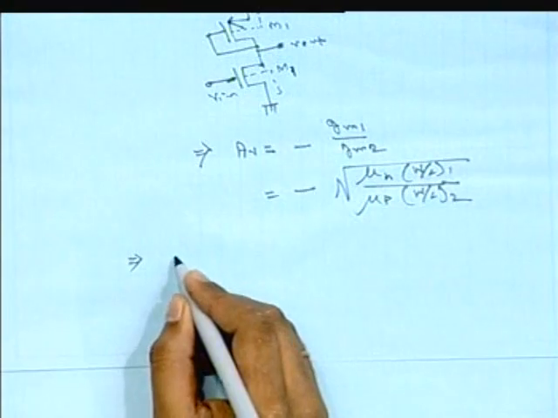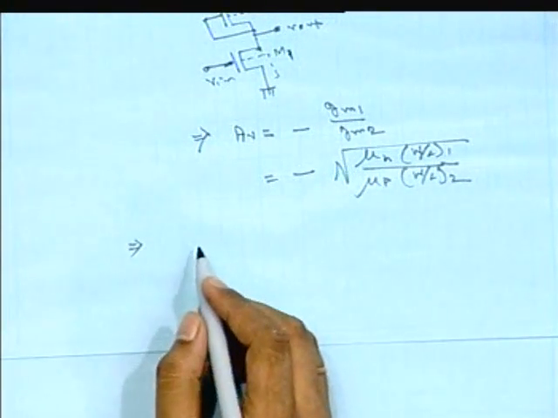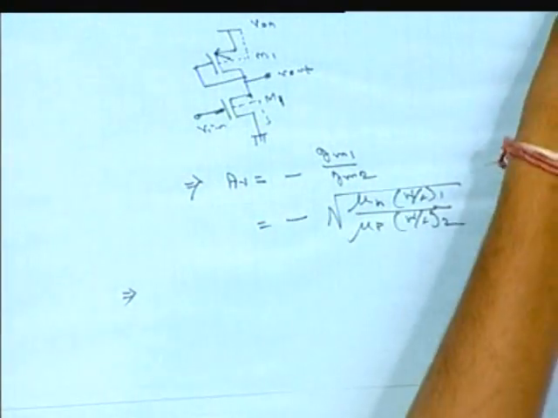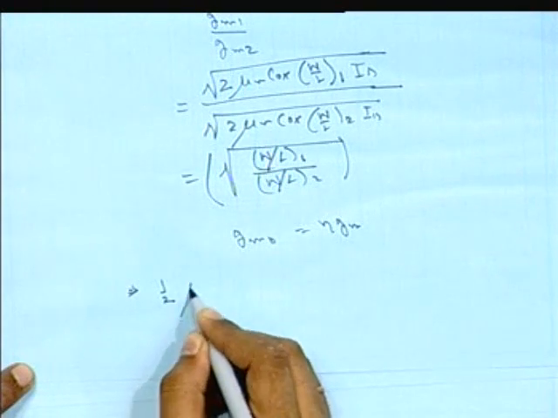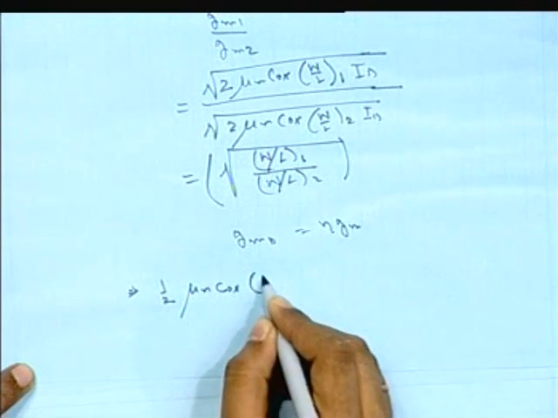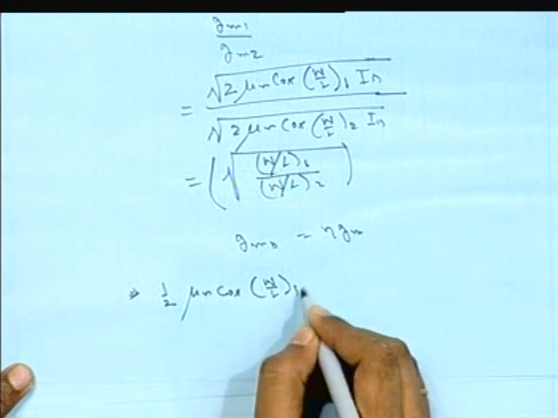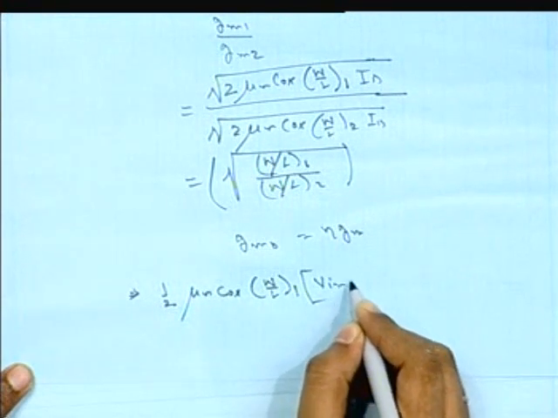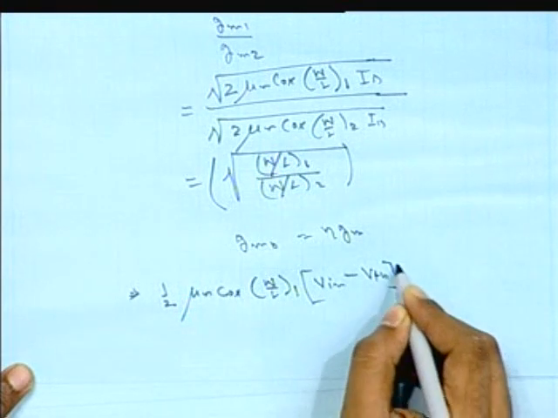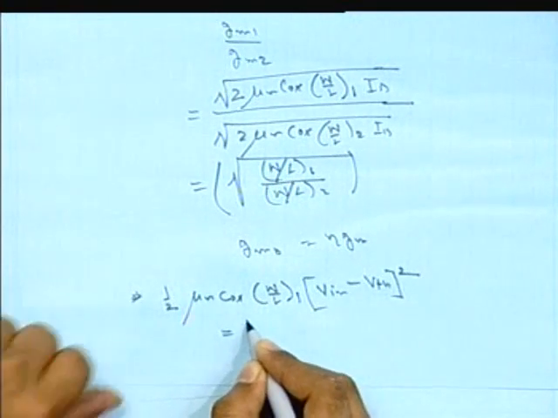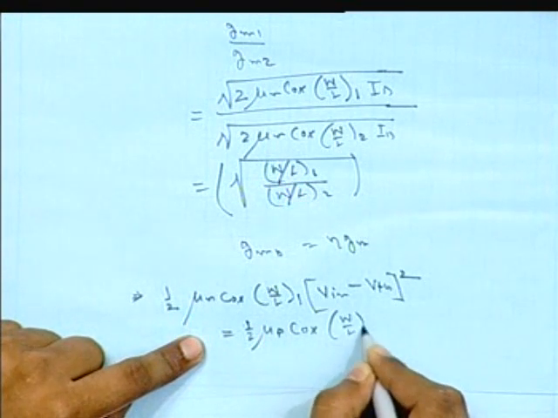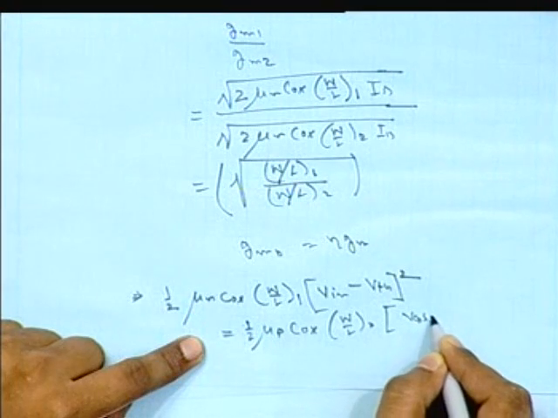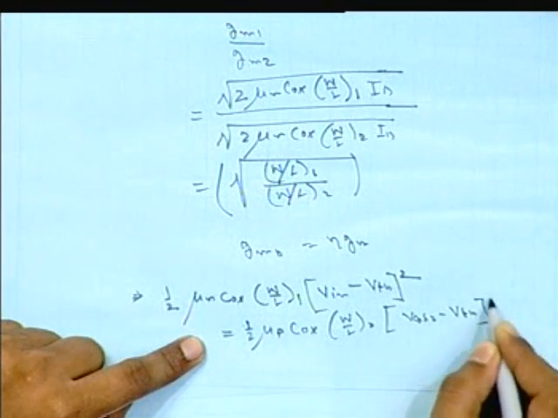So what will be the current equation for these two MOS devices? We can write it now, and for that it is very fruitful to start with the NMOS. This is half mu n Cox into W by L 1, with VGS being Vin minus VTH, whole square, equal to half mu p Cox W by L 2 into VGS2 minus VTH whole square.